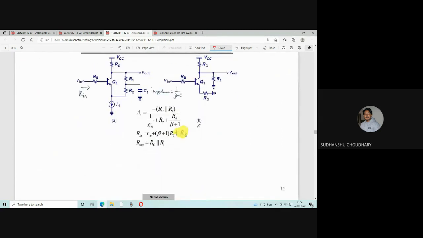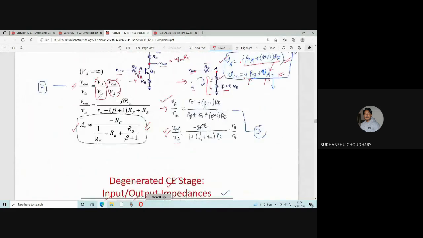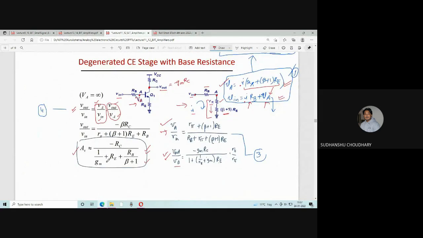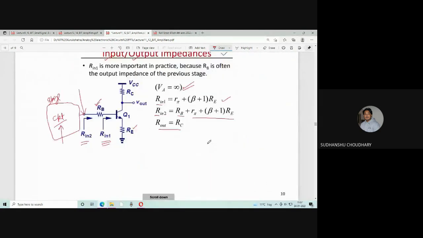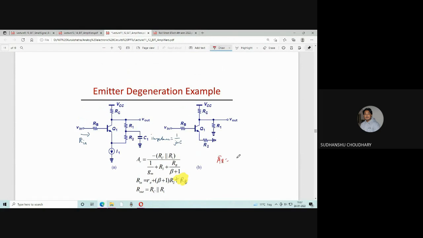So how? Let us see. I'll write down simply the gain which I had obtained for this circuit. That is, AV is minus RC by 1 by Gm plus RE plus RB by beta plus 1.